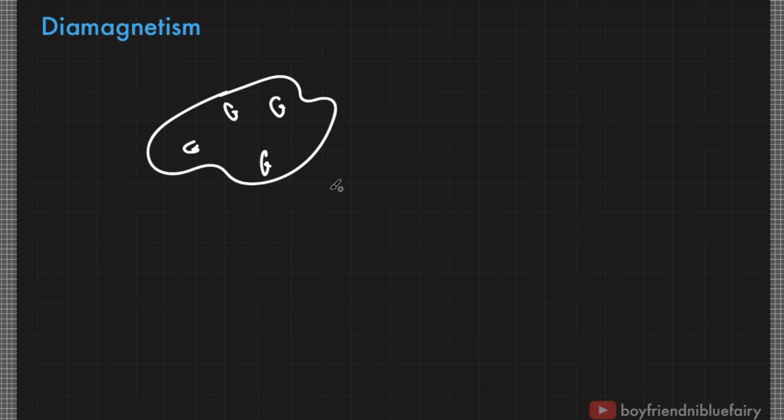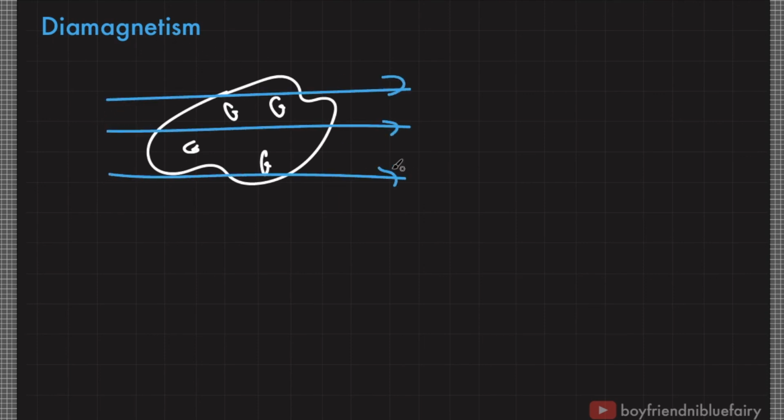Now, we have another class of magnetic materials, wherein when you apply an external magnetic field, aside from the existing current loops, this material produces new current loops that obey Faraday's law of induction. Faraday's law implies that these new current loops will produce a magnetic field that opposes the external magnetic field.